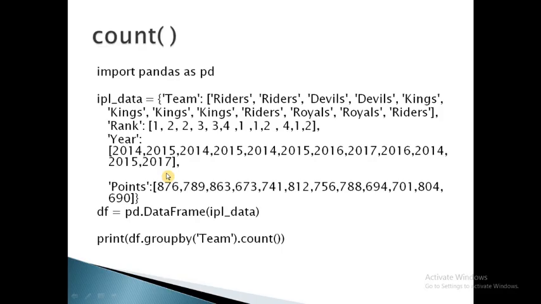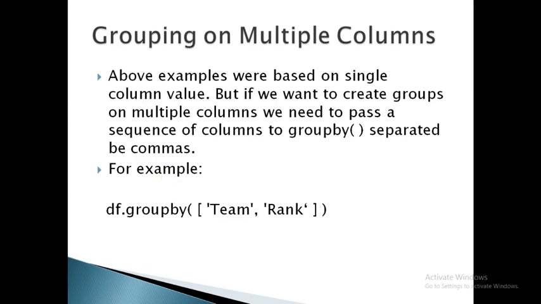After that, we have grouping on multiple columns. Up to now we have been using only a single column. Now we want to create groups on multiple columns, so we need to pass a list of columns to the groupby function, separated by commas.